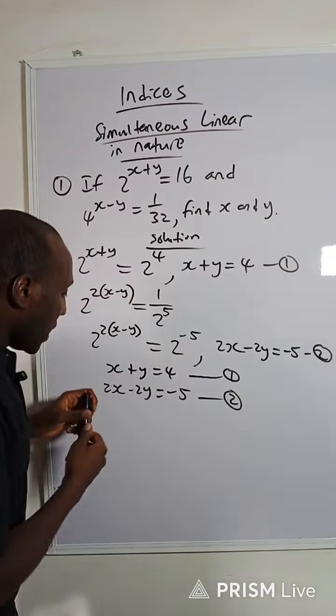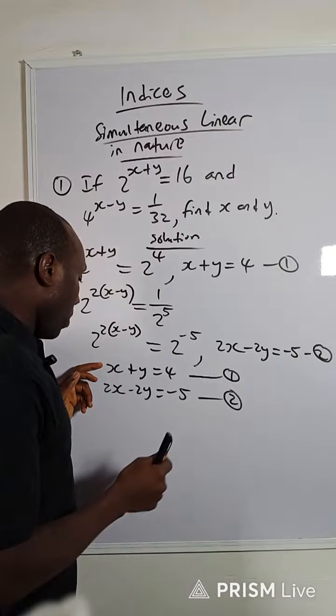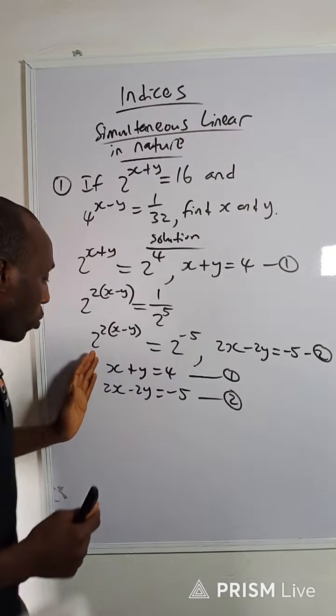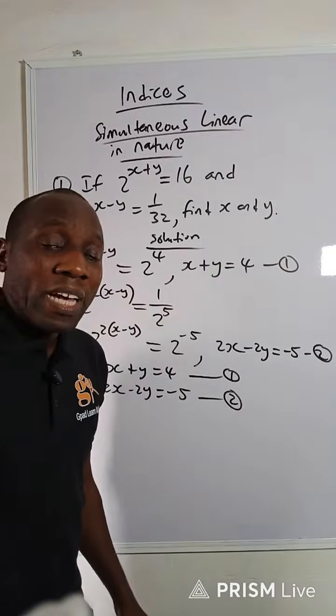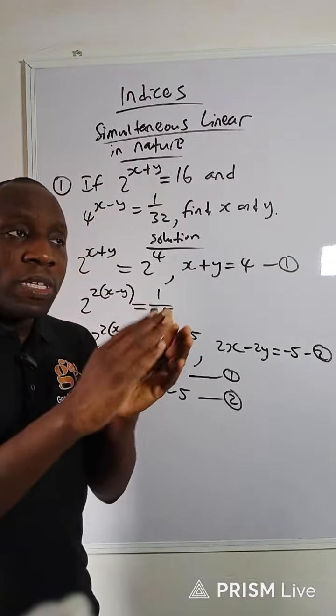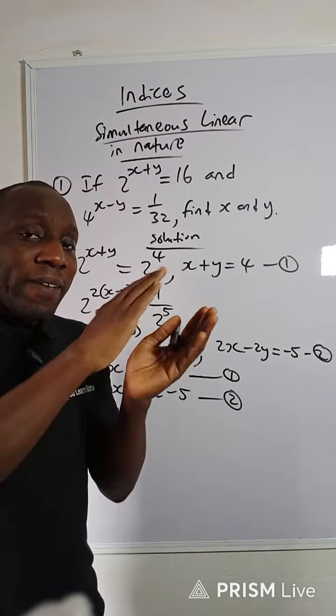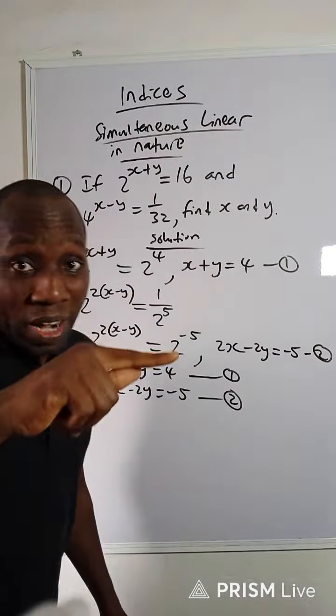All right. So the way to get rid of an unwanted variable, as I have x here and 2x, they must have the same coefficient. Now, the good news is that it does not have to be the same sign. If they are the same sign, for example 2x and 2x, you subtract.